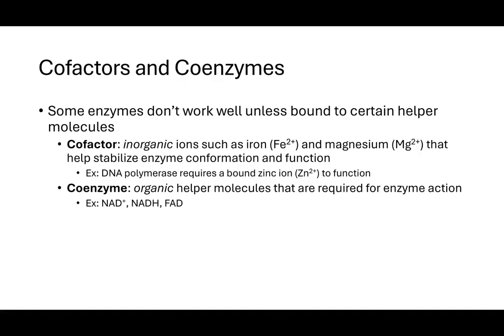Now, coenzymes, on the other hand, these are organic helper molecules, also required for enzyme action. So examples of these are those electron carriers that we saw earlier, NAD, NADH, FAD, all of those are going to be coenzymes, among some other examples that we'll see.